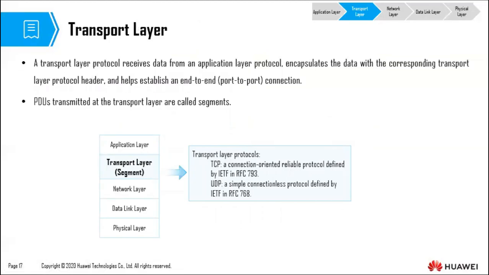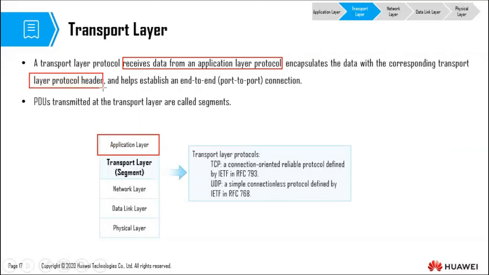So now let's look at a few transport layer protocols. Transport layer protocols receive data from an application layer protocol, right? It receives data from what? Application layer protocols. Then it encapsulates the data with the corresponding transport layer header.